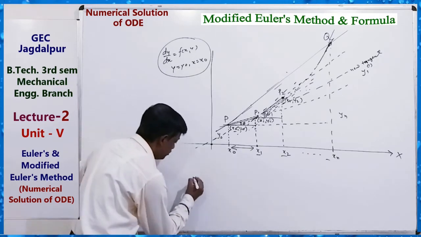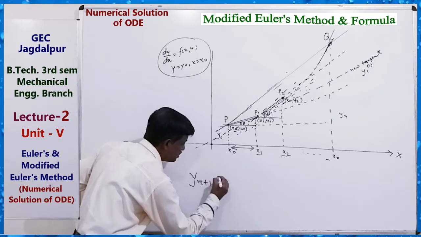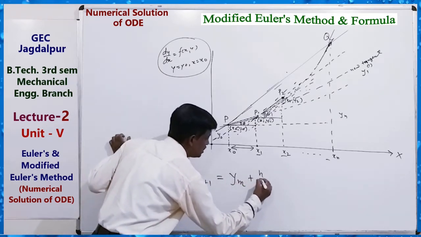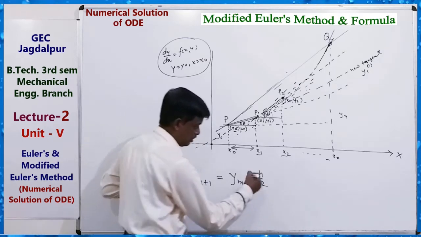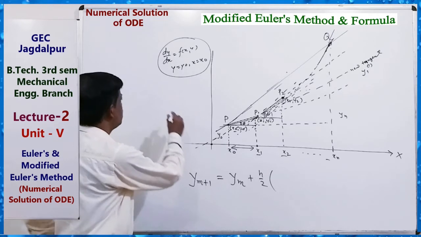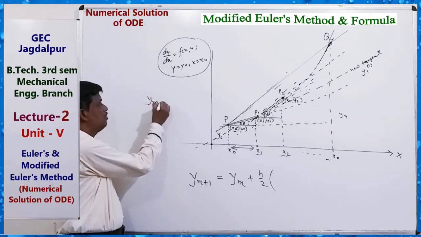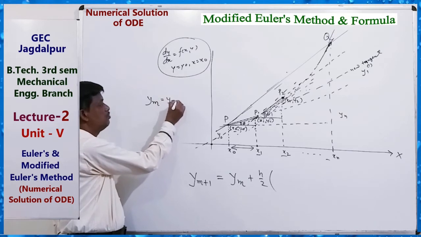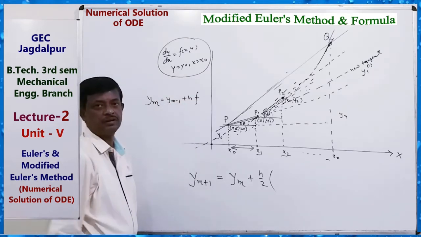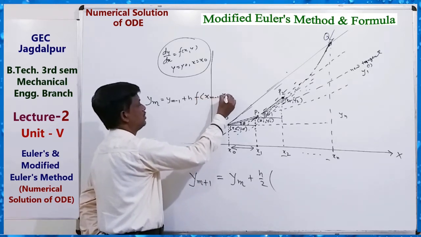So in general we can write y(m+1) is equal to y(m) plus h by 2 times the average of slopes. Our Euler's formula is what? y(m) equals y(m-1) plus h f(x(m-1), y(m-1)).